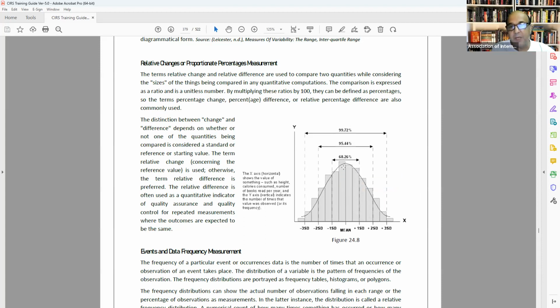So if the mean is this block, whatever is on the right hand side and goes up to the arrow that is ending over here in the third block from the first one. See, this is the first one, this is the second, this is the third one. This is a deviation of, let's say, 68.26%.